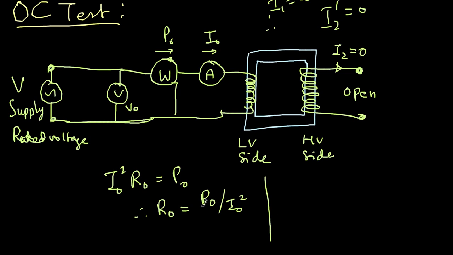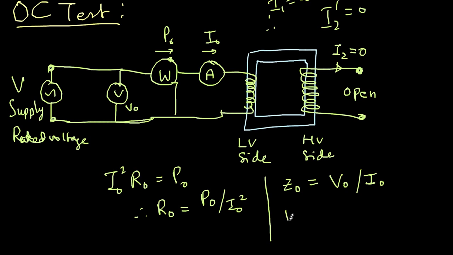And once I know R0, how do I get X0? Let's see. I can get the total impedance. So what is Z0? Z0 is nothing but V0 by I0. And once I know the impedance, I can find out X0.